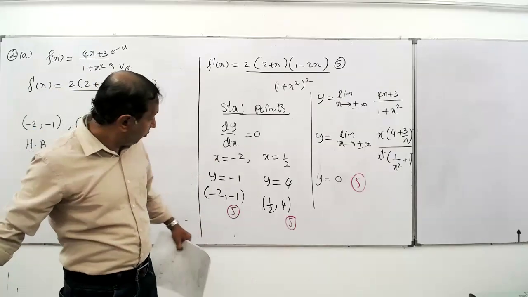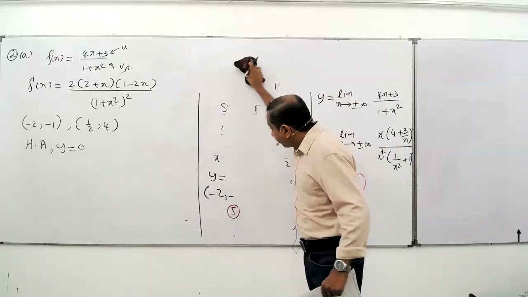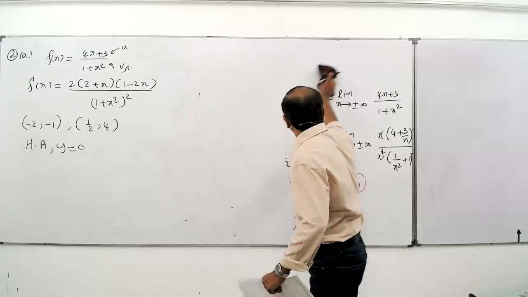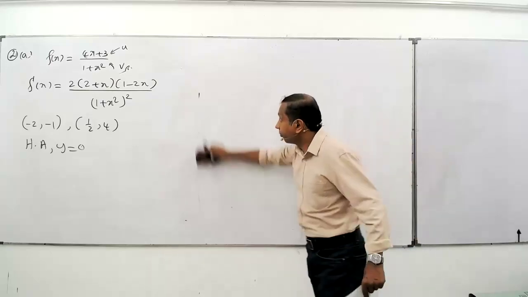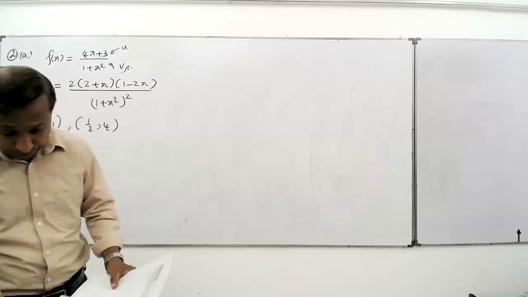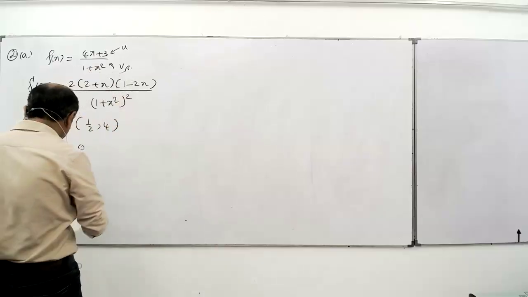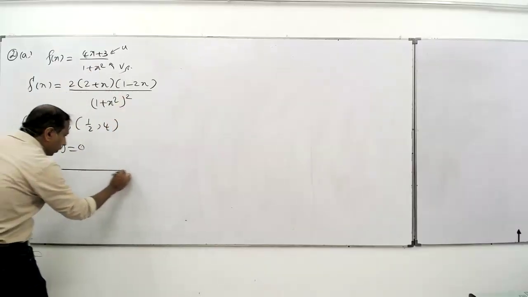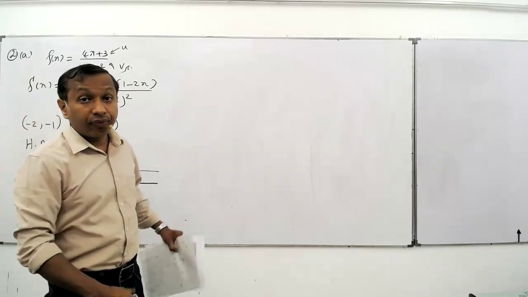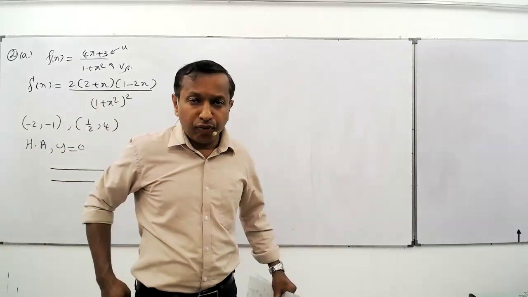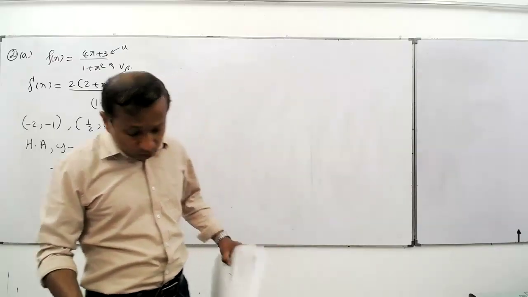Okay, then what do we need next? Next, the table. Right. Table, we prepare this way. In the table, we usually put the x coordinates of the stationary points and vertical asymptotes, but here we don't consider vertical asymptotes, as this has no vertical asymptotes.